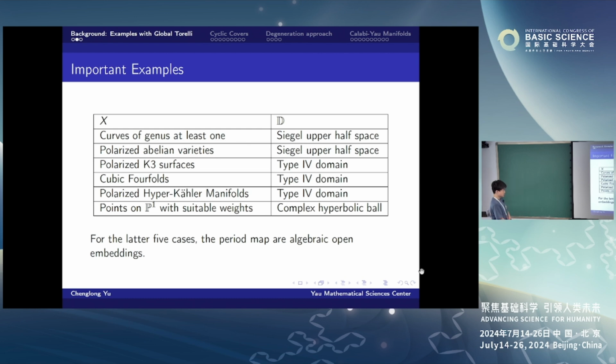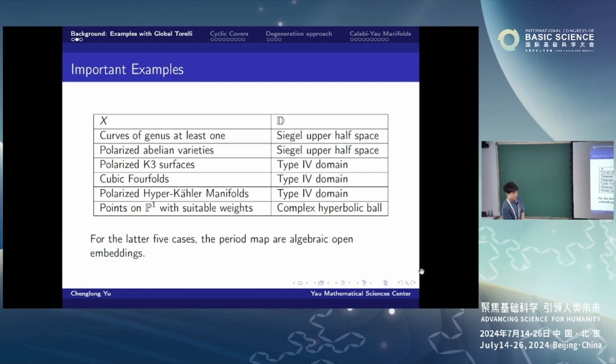So you can consider the Fano scheme of lines of a cubic fourfold. Cubic fourfold is a Fano variety, and you consider the variety parametrizing all the lines on this cubic fourfold, you will find it's actually a hyperkahler manifold of dimension 4. And the deformation type of this hyperkahler manifold is the Hilbert square of a K3 surface. And you will have the corresponding type IV domain.